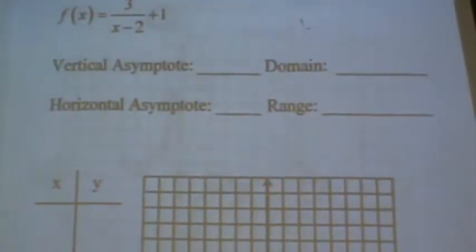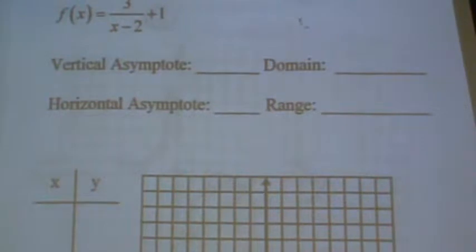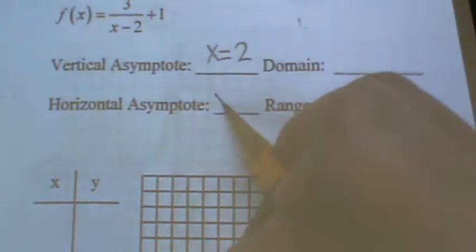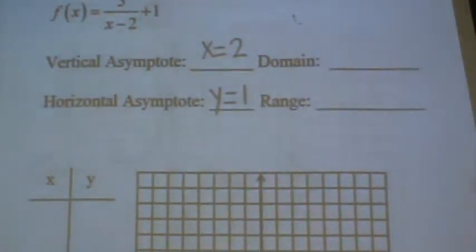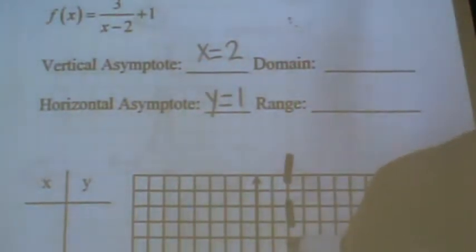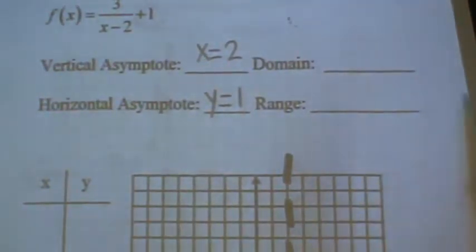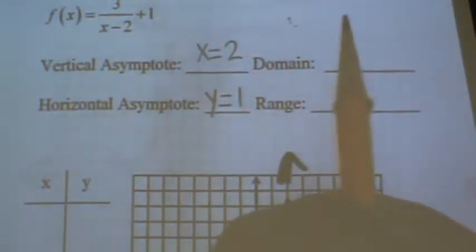Okay, what do you do now? Can you tell me your vertical asymptote for this one? It's going to be x equals 2. What's your horizontal asymptote? Y equals 1. So let's graph these. X equals 2, and y equals 1.